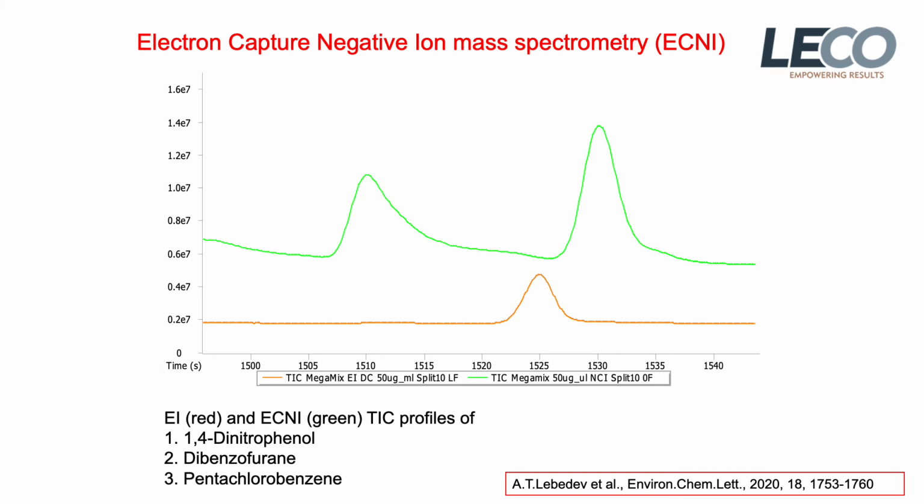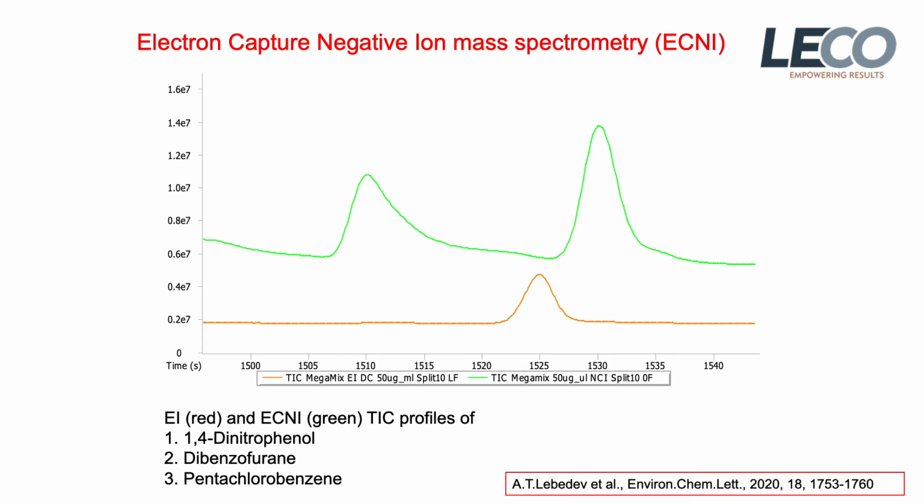Situation becomes even more interesting if you use electron capture negative ion mass spectrometry. Look at this example. We have a mixture of 3 compounds. The concentrations are the same for all 3 of them. Nevertheless, in the case of electron ionization, we can see only the dibenzofurane, no peaks of dinitrophenol and pentachlorobenzene.